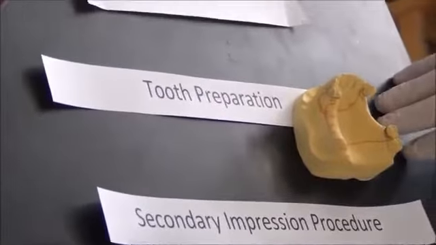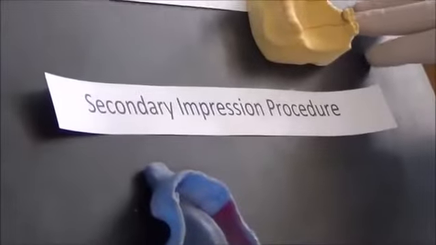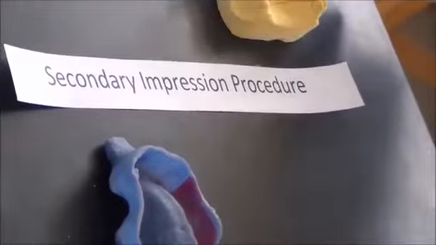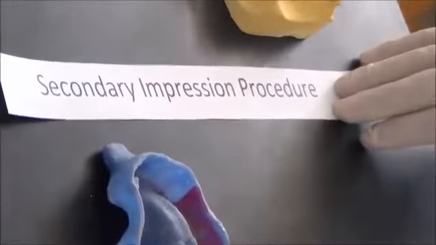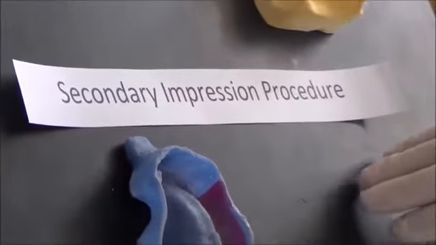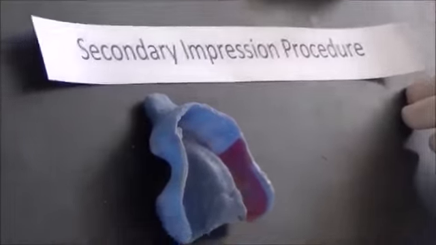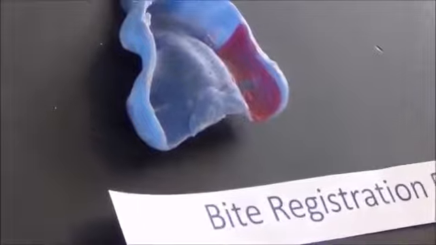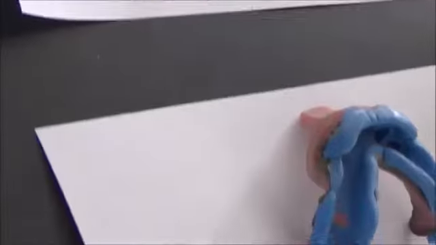After tooth preparation is done and your supervisor approved these alterations of the teeth, a secondary impression is taken. I'd like to remind you that we remove the spacer before we take the secondary impression. After we take the secondary impression, we have the final special tray with the impression material inside.